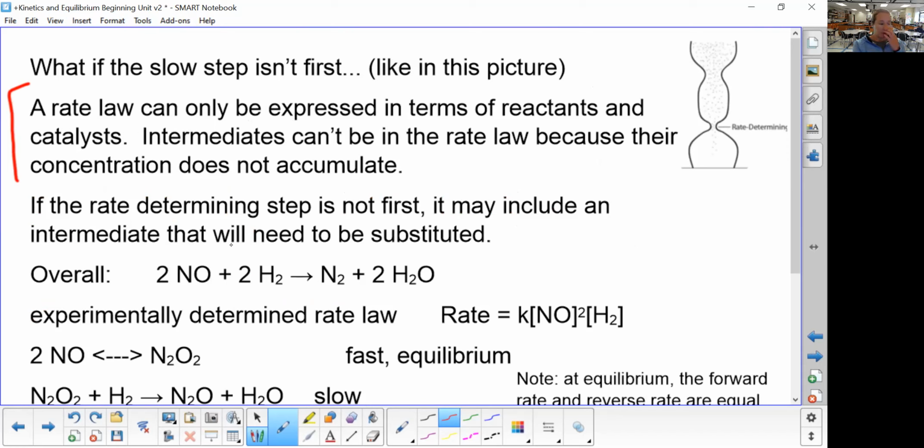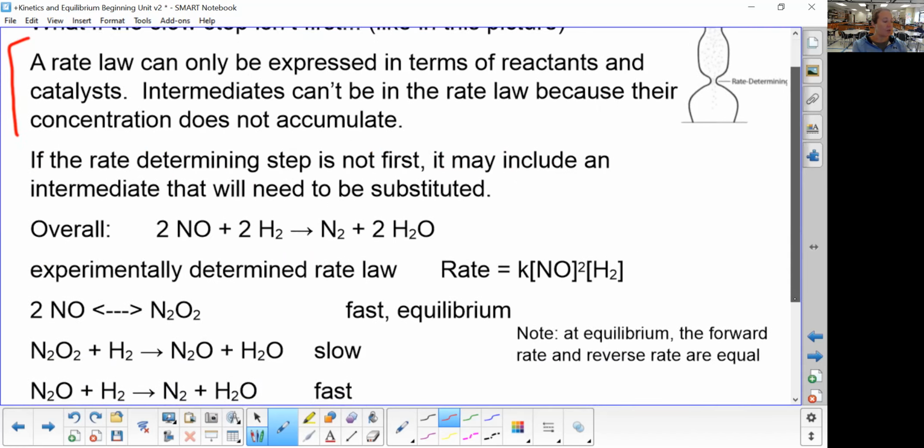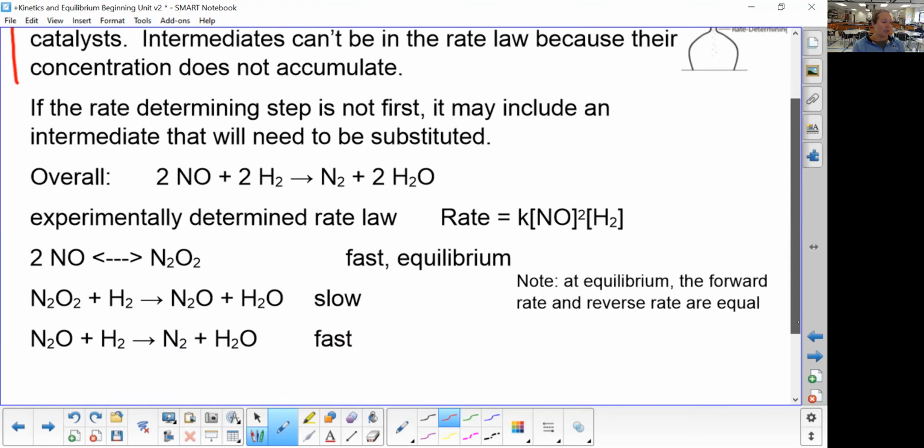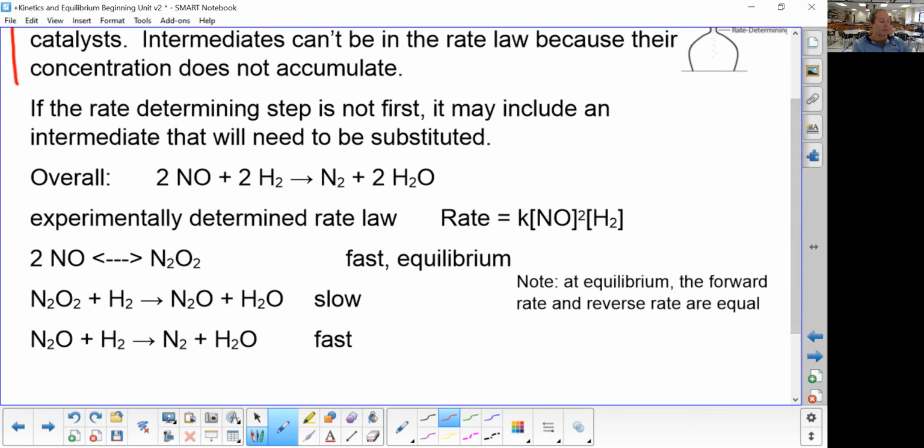So just showing you what you have to do if it's a substitution situation here. So you have to know what the overall reaction is. Experimentally, the rate law has been determined to be K times NO2 squared and H2 to the first, which doesn't match the coefficients, okay?